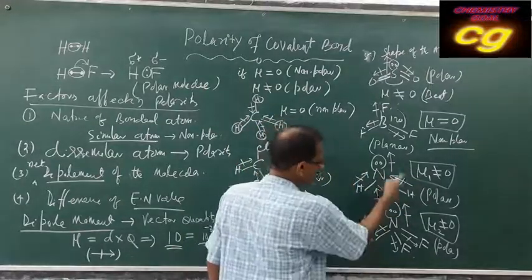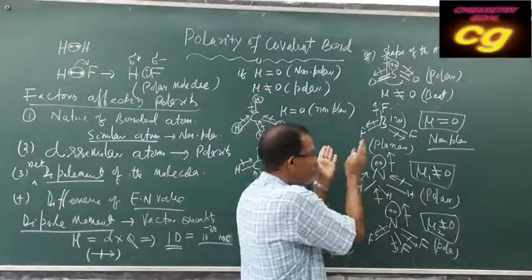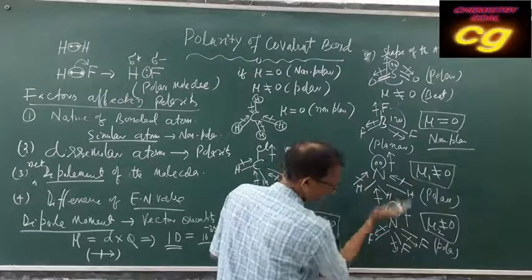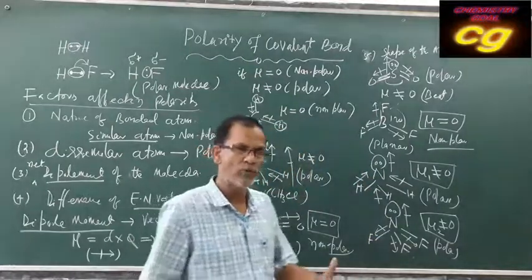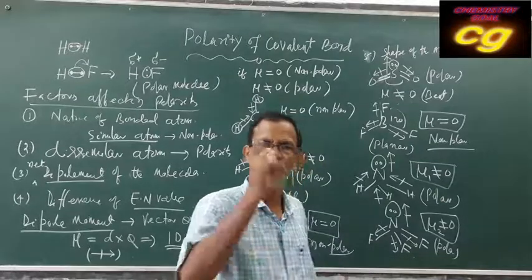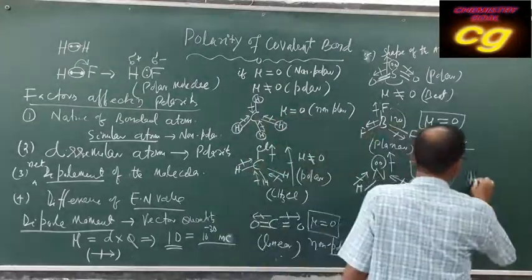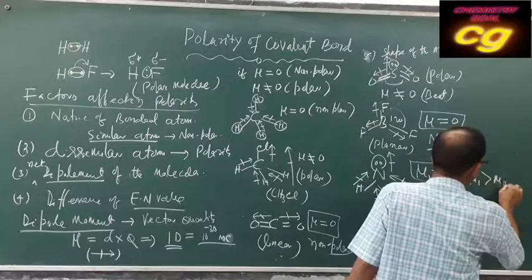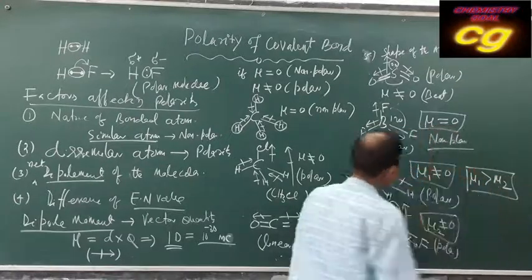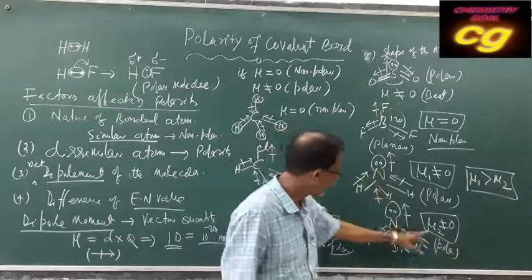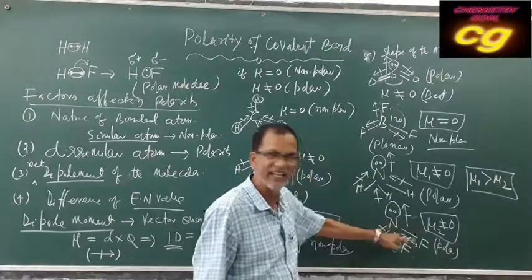Here one is upward and another downward. Two vectors acting in opposite directions always give a lesser resultant value. So mu1 is greater than mu2, because upward and downward give less value.